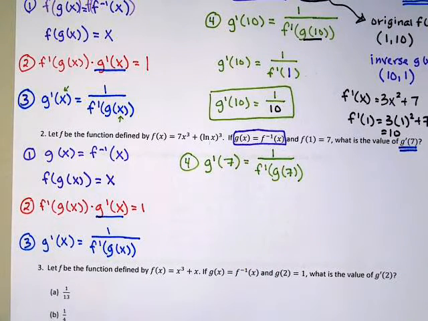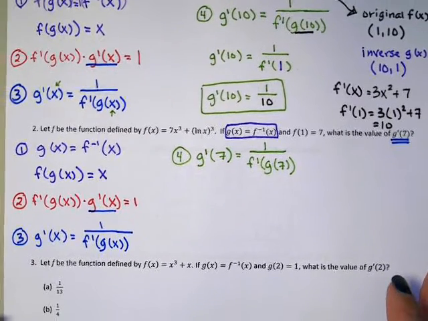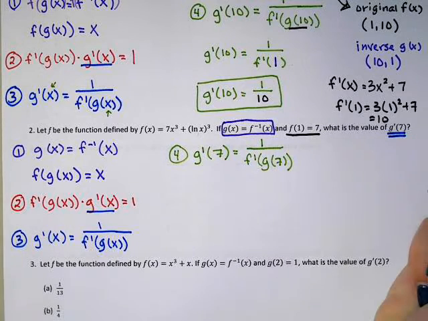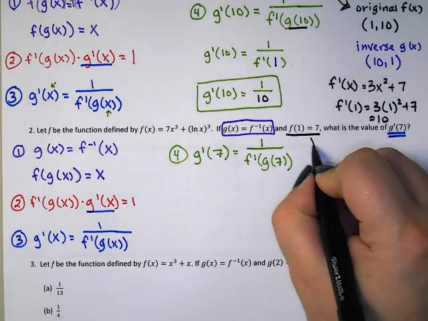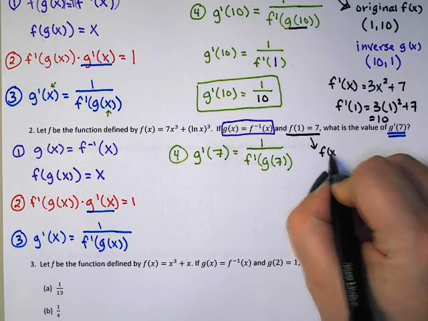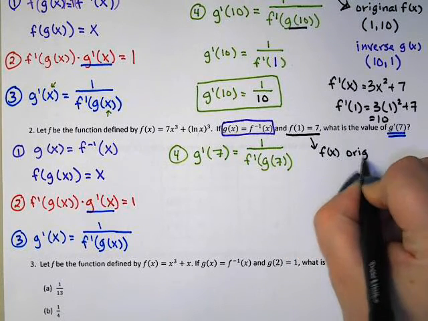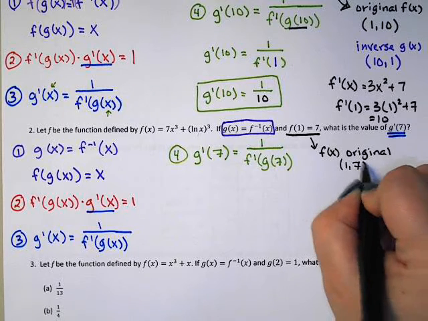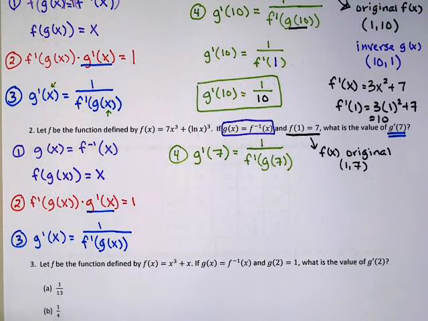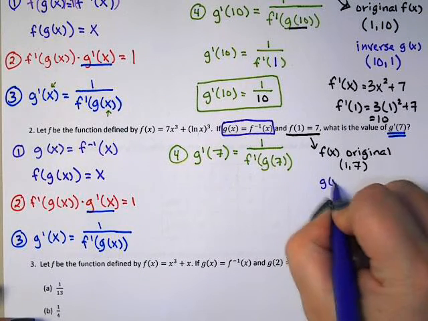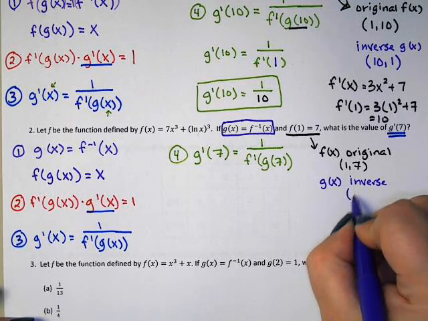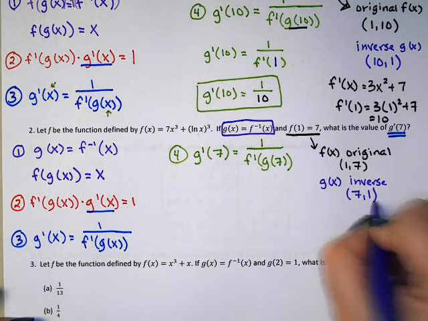So we need to first figure out what is g of 7. If we look at the other information we're given, we were told that f of 1 equals 7. Again, f is our original. So if f of x is the original, and that's the point (1, 7), then if I think about the inverse, which is g of x, I can flip-flop that point, and it's going to become the point (7, 1).